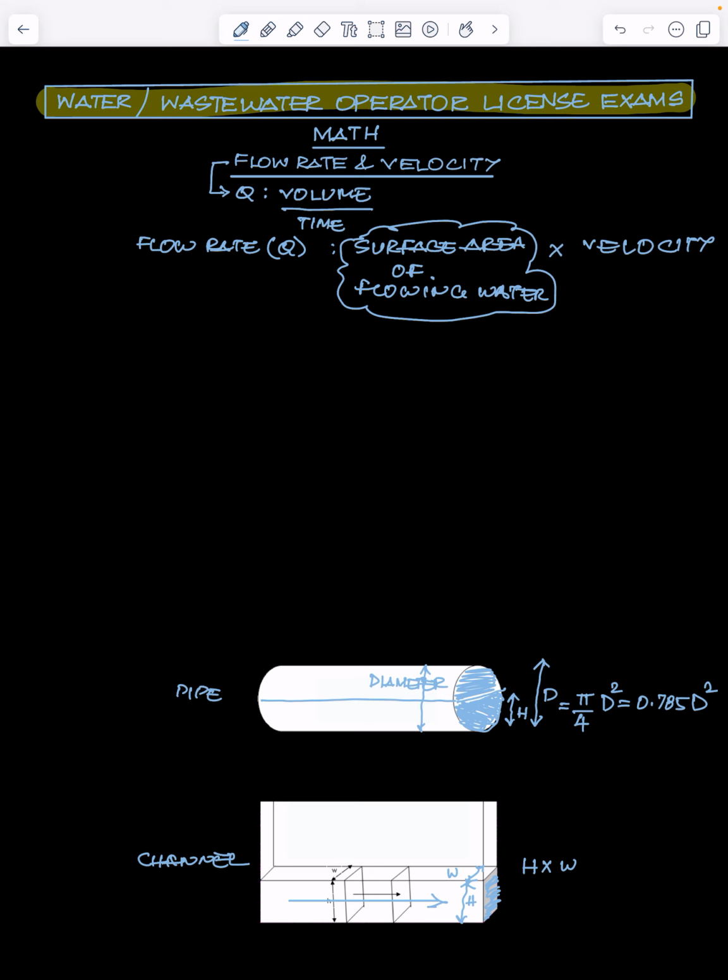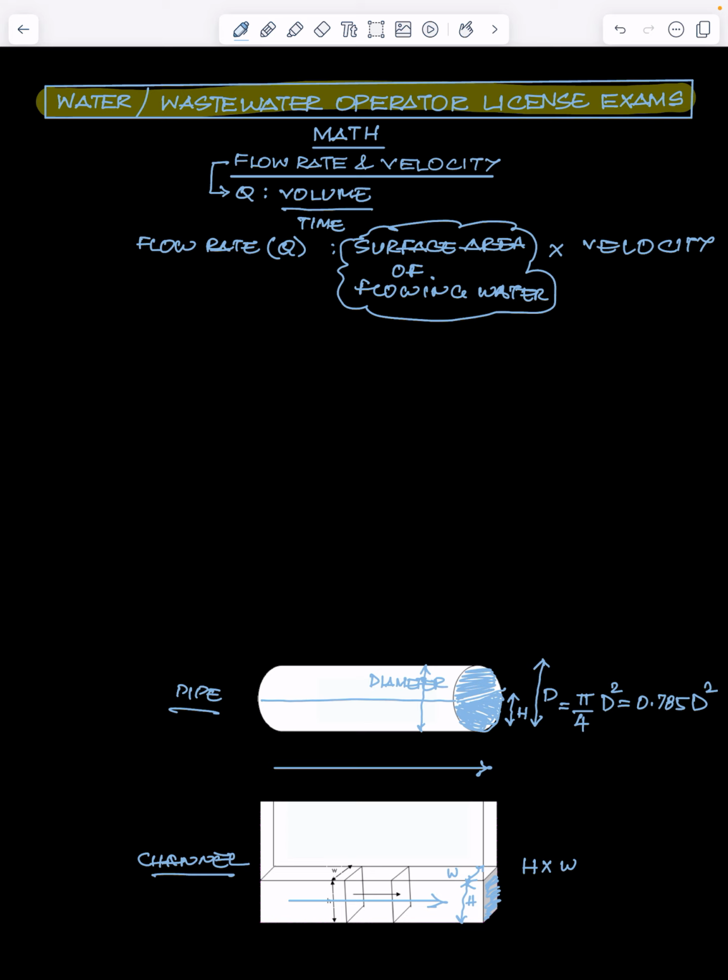Now, let's clarify one thing: for both the pipe and the channel, it doesn't matter how long those two are. How long the pipe is or how long the channel is doesn't figure into the flow rate calculation. So the flow rate calculation is independent of the length of both the pipe and the channel.